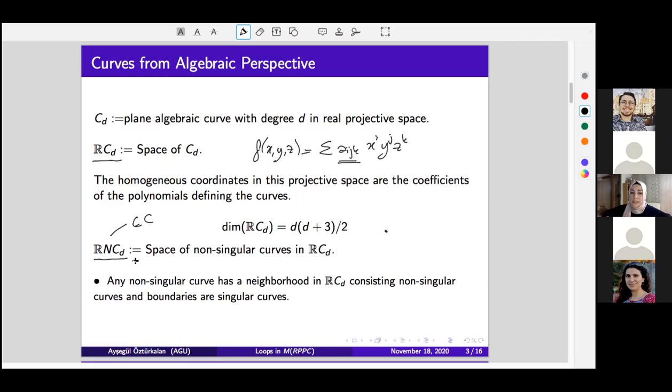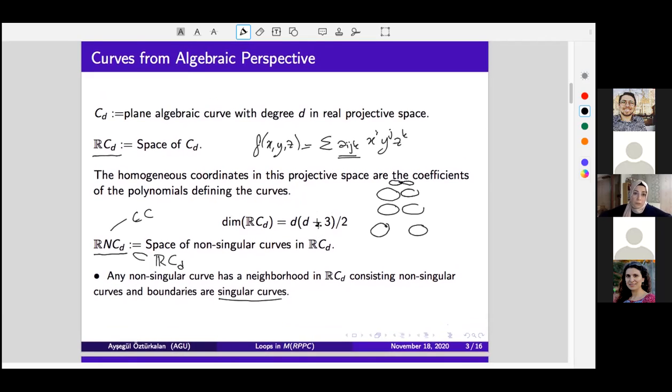It means this is a subspace in RC_d and it is open in RC_d, and the boundaries are singular curves. For example, when you have a curve consisting of two ovals, when they approach each other more, we obtain a new curve which has a singular point. So this is in the closure of these points.